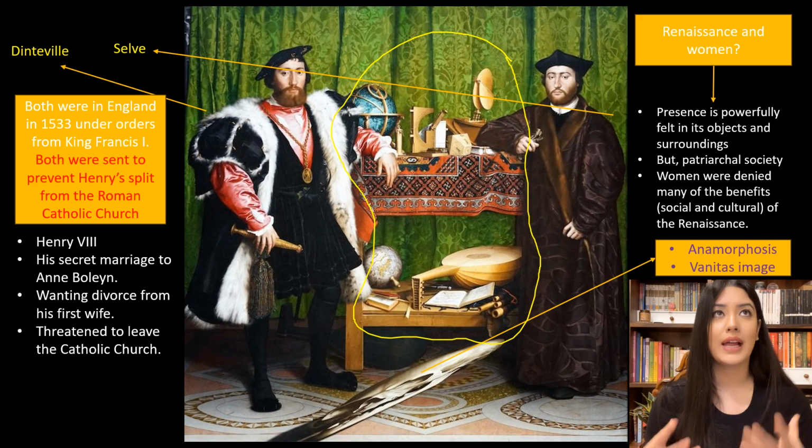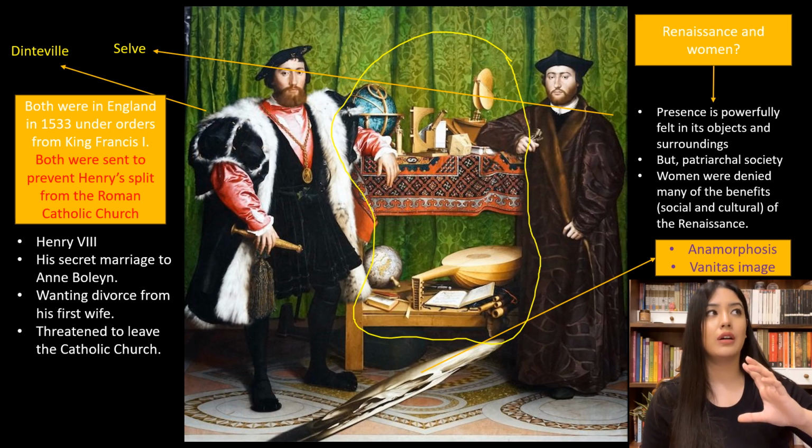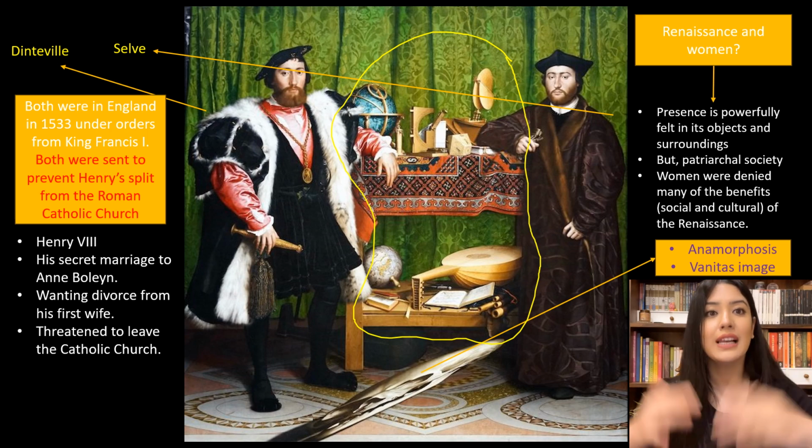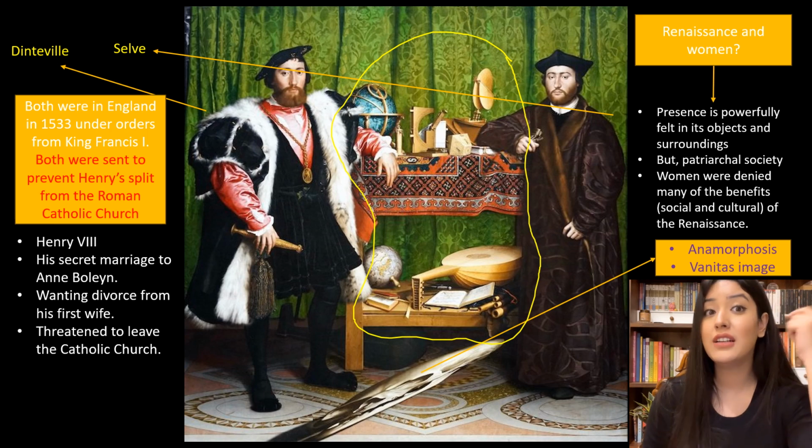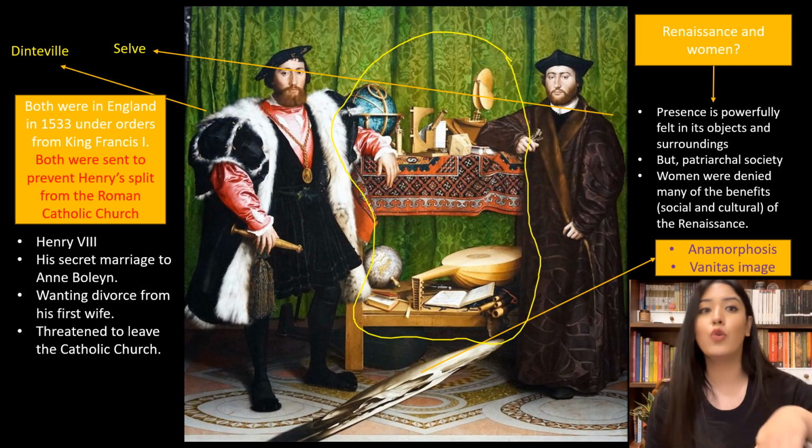This vanitas image is similar to that, and the intention of a vanitas image is to make the viewers realize their mortality, that death comes to all. It is a reminder to the viewers of their own mortality.